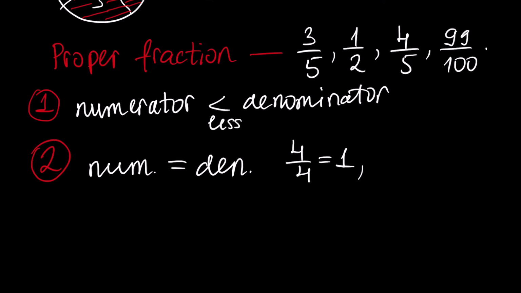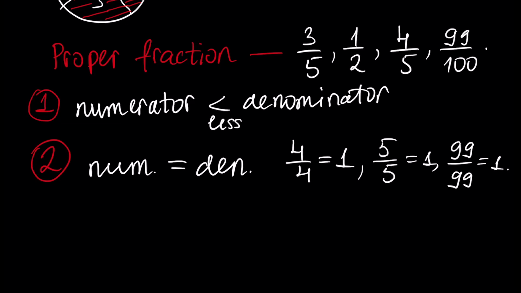It can be, for example, 5 over 5, which is 1, or 99 over 99, which is 1, or unity. So fractions when numerator is equal to denominator are actually equal to 1.